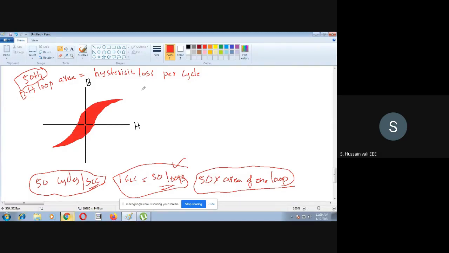Okay. So one problem you will face in the BH loop. Okay, let me draw this line once again. The first line. In this line, I will say that till this point, more or less, this is linear.